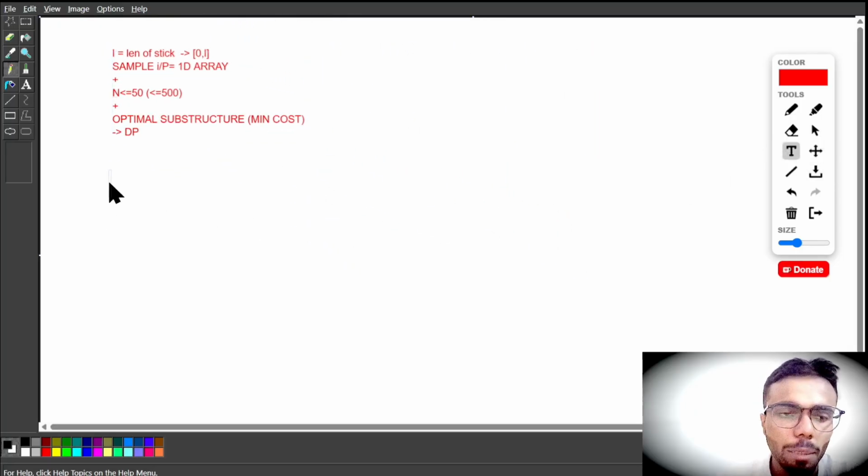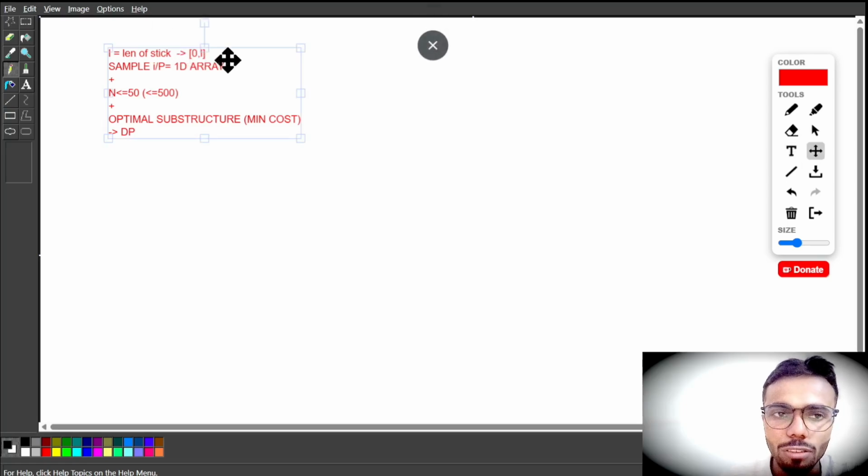Now another thing comes to my mind: which DP is it, right? When we are performing a cut at a particular segment, basically whenever we are performing a cut, we are removing a segment from the stick, right? And a segment, we already concluded, is made of two coordinates. So can we say that this overall interval, that is 0 to L, is going to shrink, right?